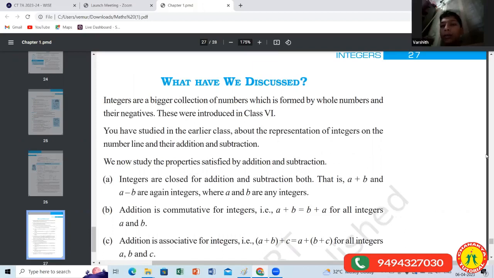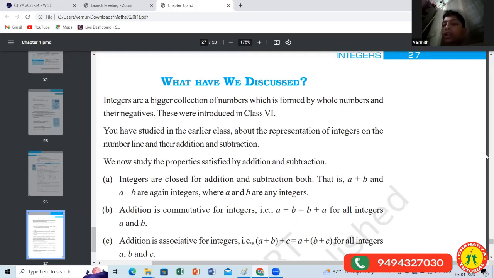Integers are a bigger collection of numbers which is formed by whole numbers and their negatives. These were introduced in class 6. You have studied in the earlier classes about the representation of integers on the number line and their addition and subtraction.